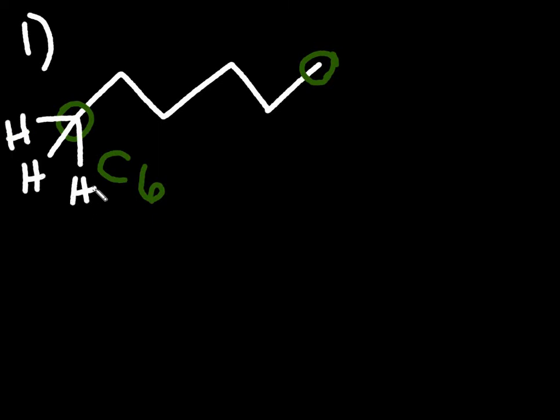That is called a methyl group, and we'll get more into it later, but for now just know that is a methyl group. At these ends will be 3 hydrogens, and for these carbons in the middle we'll have 2 hydrogens.